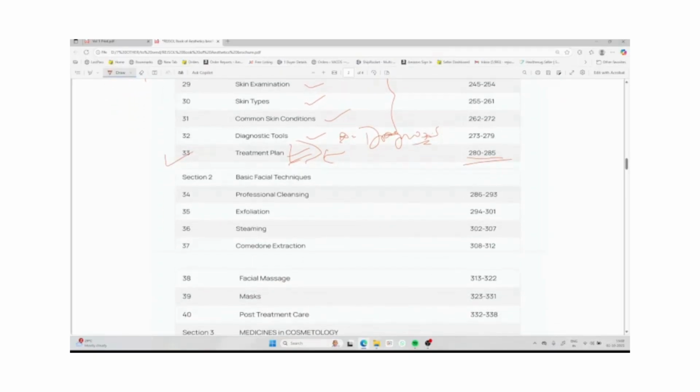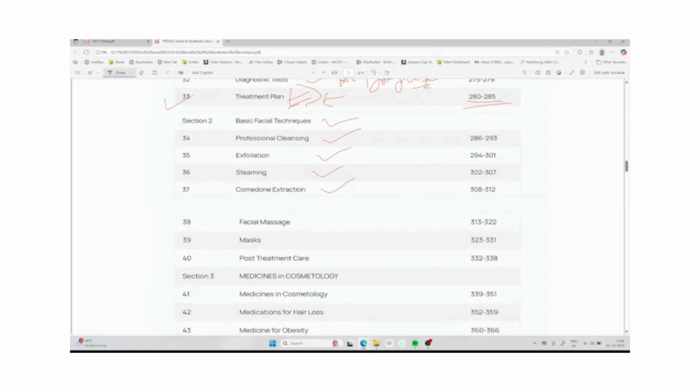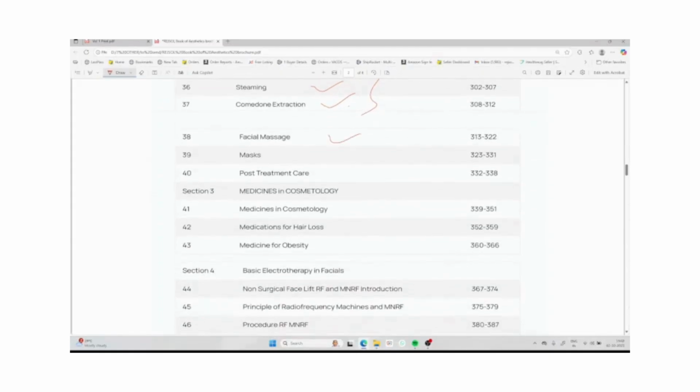285. Now the basic facial techniques, like professional cleansing, how cleansing is done, how exfoliation is done, how steaming is done. Then comedone extraction, all the theoretical part of all these basic procedures is discussed. What is the facial massage, what are the masks, how do you apply mask, that is discussed here.